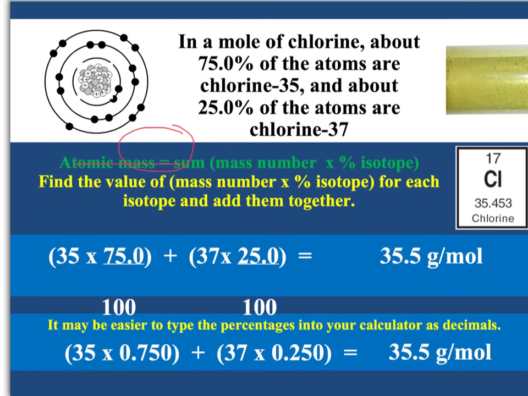So 75% is equal to 75 divided by 100, which is equal to 0.75. So that's how you can put it in the calculator. You can do 35 times 0.75. It's the same thing as saying 35 times 75 over 100. You still get your percentage.